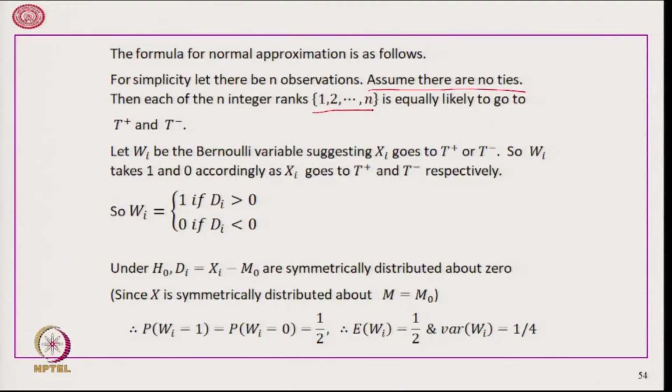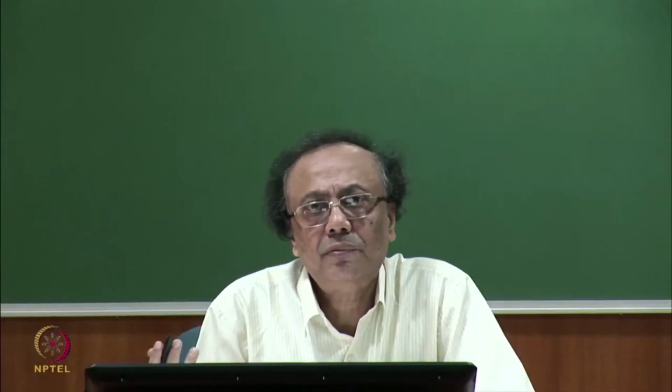Therefore, all the n di's will have different ranks, 1, 2, 3 up to n. Now, each of those observations is equally likely to go to either the positive side or the negative side, because it is the median that we are testing. So with probability half it will be greater than the median, and with probability half it will be less than the median.